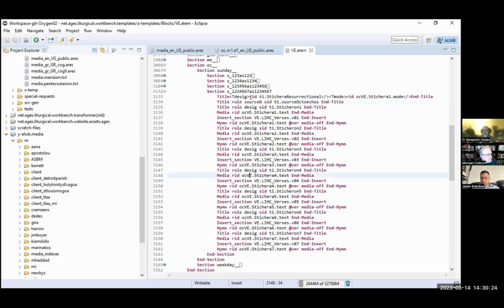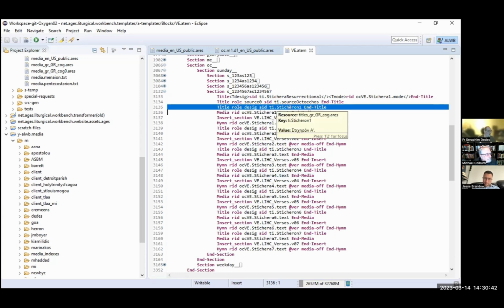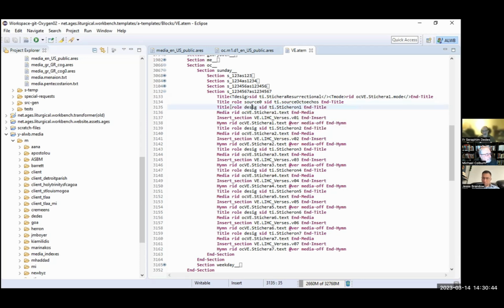It's gray because source 0 is one of the styles in the style sheet, so that's a class. It means gray, small, whatever. And then Oktoikos. The next thing we're looking at is the title, stikiron number 1. You see that? And it's using a role or style designation. In the style sheet that role is connected, so it's a class.